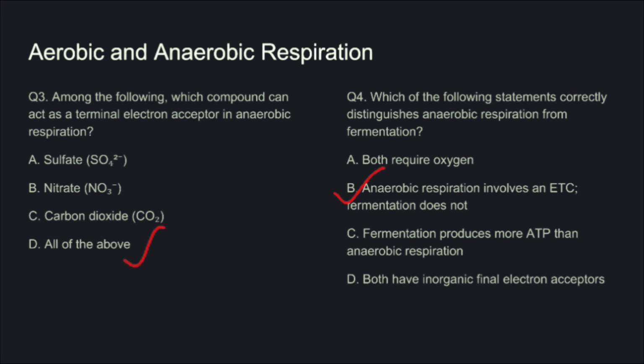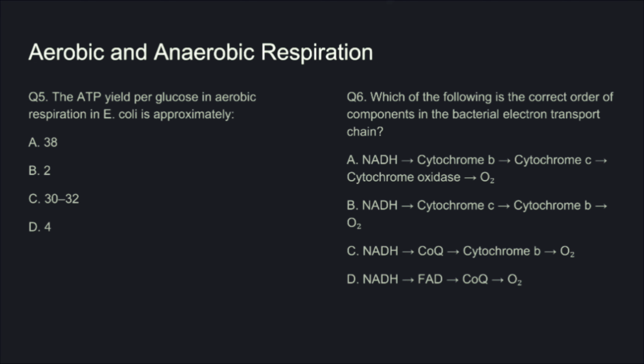Okay. Now question number 5. The ATP yield per glucose in aerobic respiration in E. coli is approximately. Options are A 38, B 2, C 30 to 32, D 4.